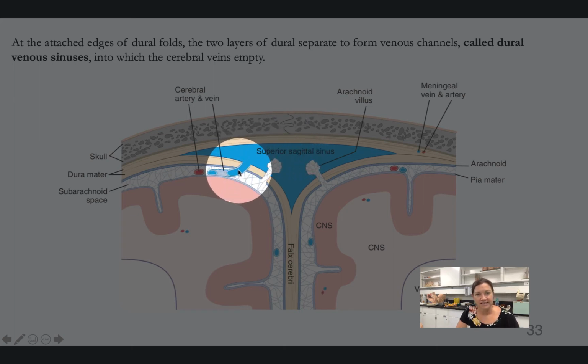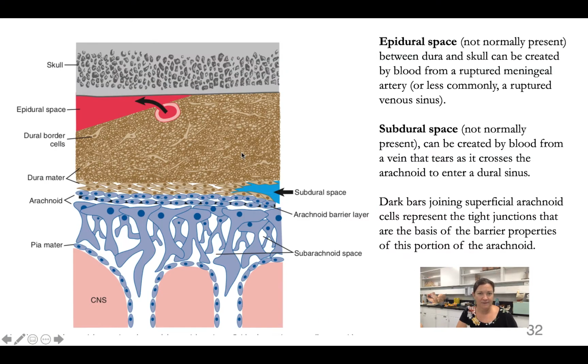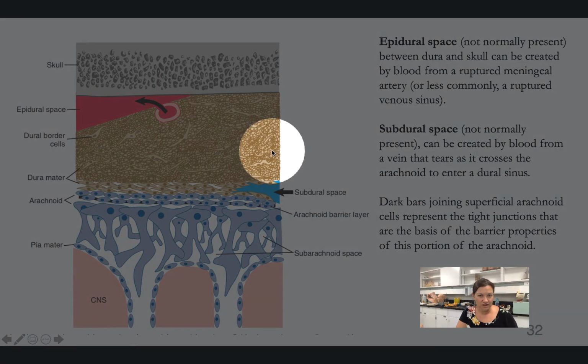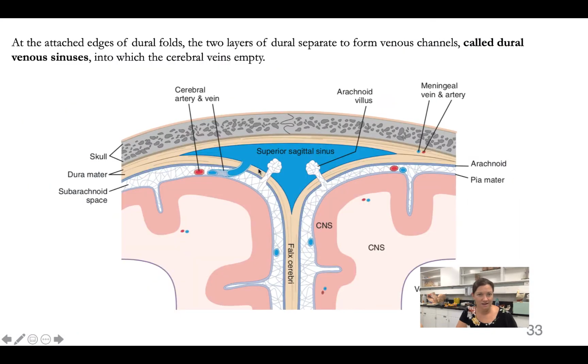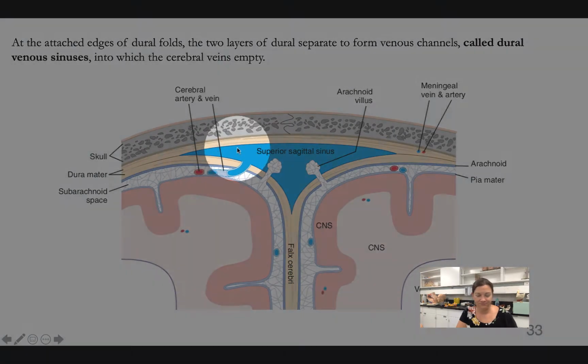So it's typically a tear of that vein on its journey superficially, and that causes leakage of venous blood, creating a potential space then between the dura on top and the arachnoid beneath. And it sort of bursts in and invades when that vein tears.